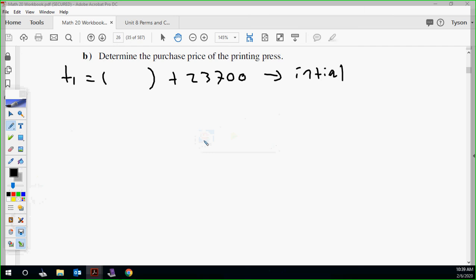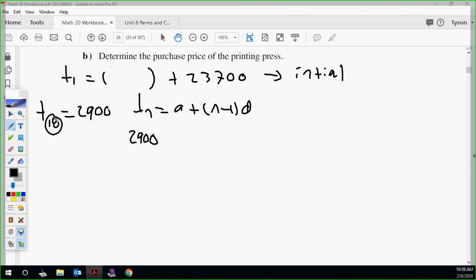Whenever we talk general form, we're talking about this form. And we have term numbers over here. I'll use the smaller one. It doesn't really matter which one you use, but I'll use T18 because 2,900 is a pretty small number. So I'm going to put in 2,900 here, and 18 for N. We don't know A, but we know D is negative 23,700.